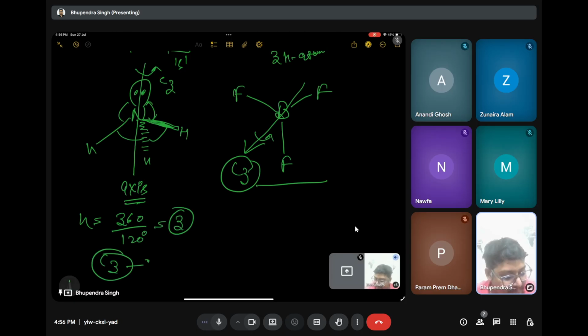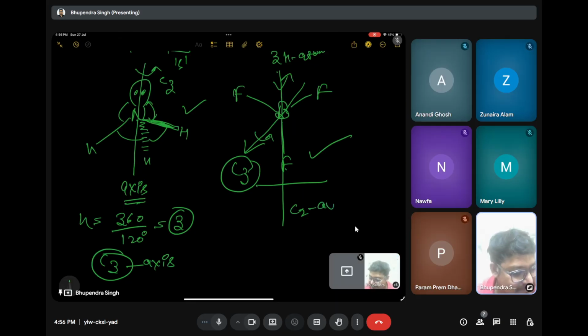Okay. But what is the difference between this one and this one? The difference is that if you pass the axis through the boron and fluorine, you will get the C2 axis. 180 degrees, you are flipping.